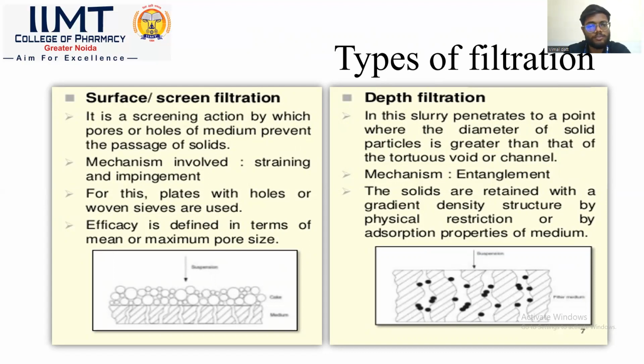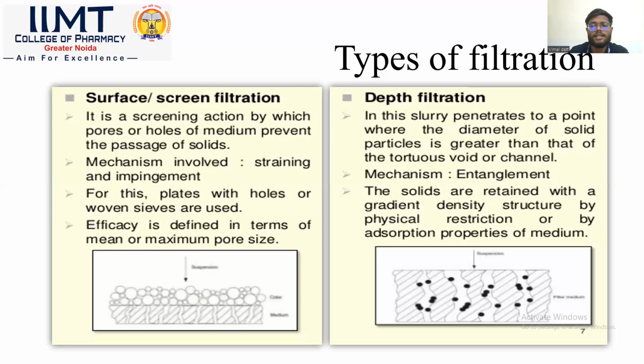For this, plates with holes or woven sieves are used. Efficacy is defined in terms of mean or maximum pore size. So basically, it is a common process in which we just use filter paper having a smaller pore size than the particles of our solid.